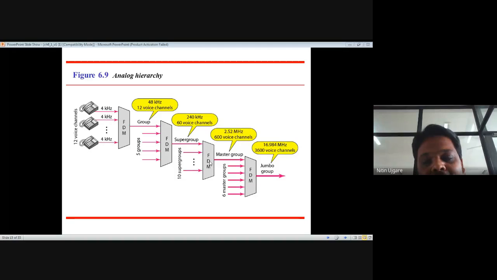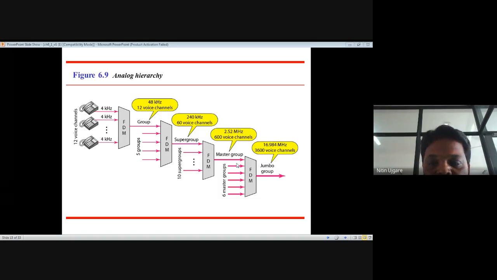Again, we multiplex this subgroup into a master group. So we have 6 master groups, each with the bandwidth of 2.52 megahertz, and each master group accommodates the 600 voice channels.